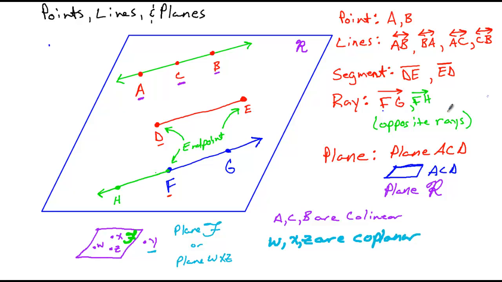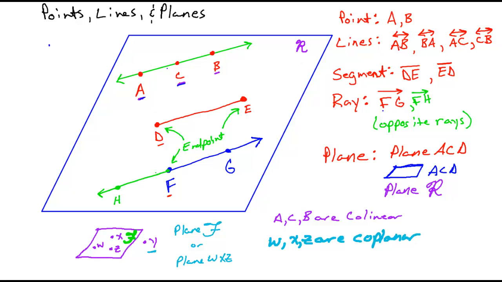So if you hear the word postulate, you need to make sure that you know whatever comes after it. So the first postulate says that through any 2 points, so I'm going to take these 2 points, A and C, through any 2 points, there exists exactly one line.